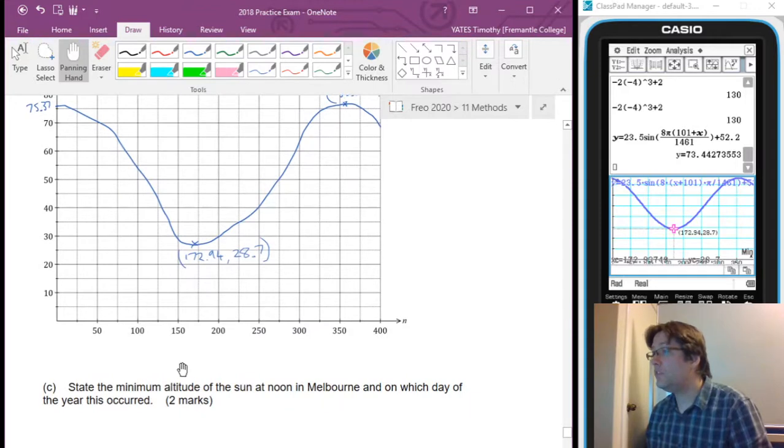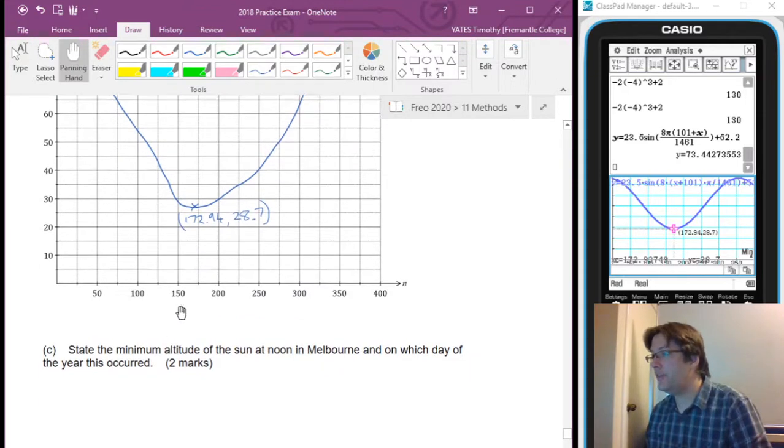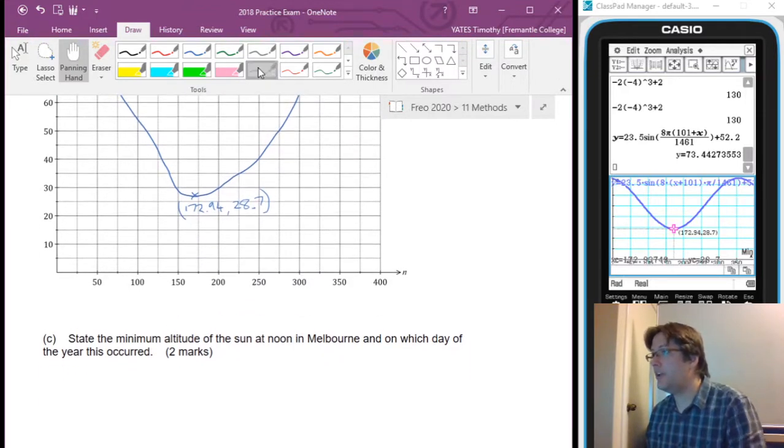So what's the minimum altitude of the sun at noon in Melbourne, and on which day of the year did this occur? The minimum altitude is 28.7 degrees, and that was at 172.94 days. Let's round that up to 173 days.